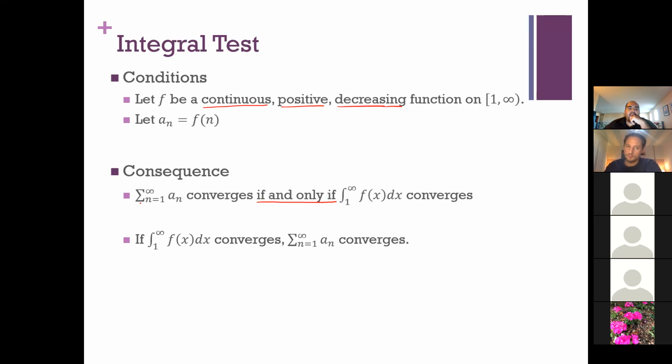This series converges if and only if the associated integral converges. The reason I'm highlighting 'if and only if' is that it means those two things are equivalent. You can use something you know about the series to prove something about the integral, or vice versa.